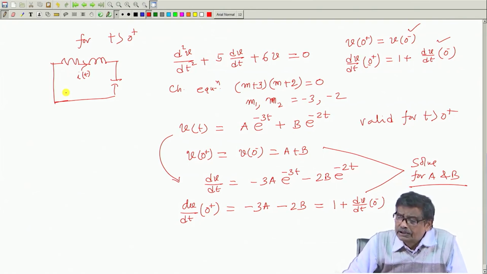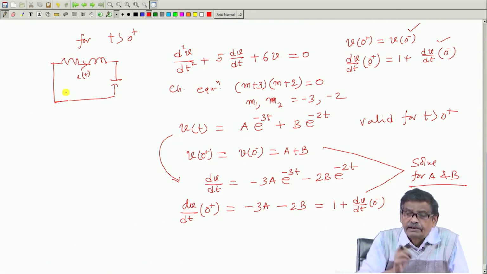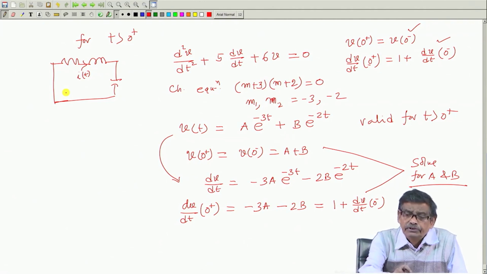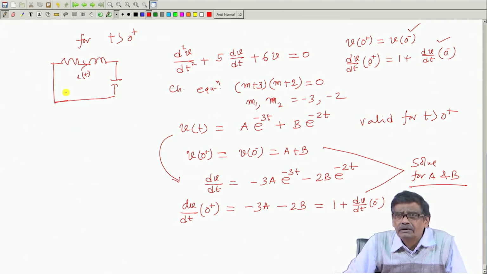And this impulse only exists around t equal to 0, and in the rest of the time it is not there. So, for me to get the solution of the circuit, t greater than 0 plus is good enough, because I do not find any difference for practical purposes between 0 and 0 plus.